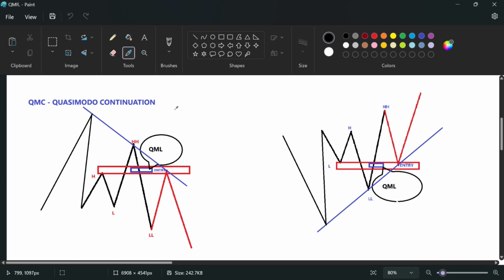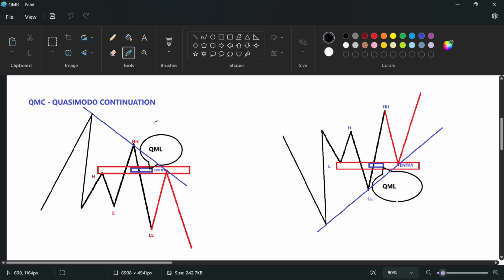But for QM reversal, it is the change in structure of the market. So if the price has been going bearish for a while and the market is about to reverse to go bullish, it gives the sign of QM reversal for bullish trend. You understand? Now you can see that I labeled QML also on the QMC.